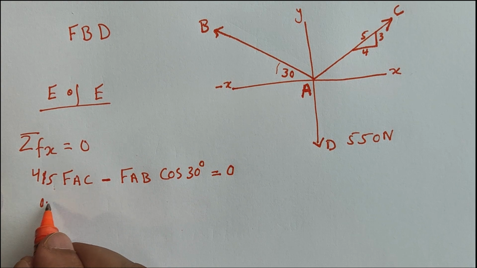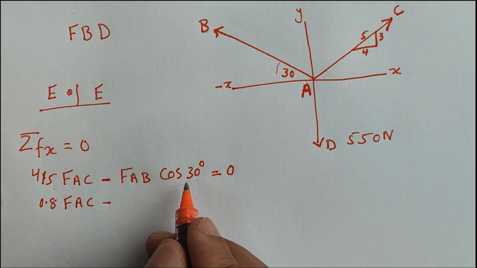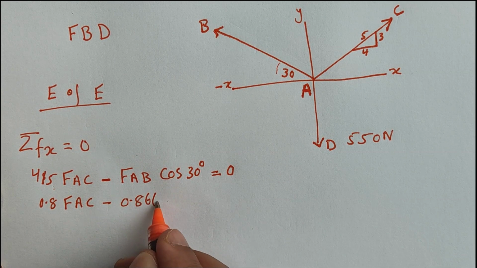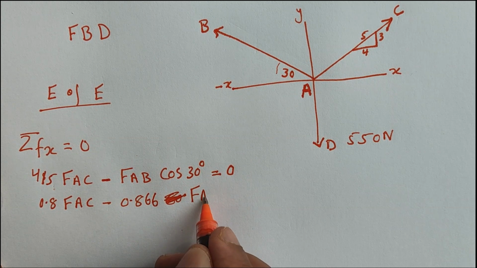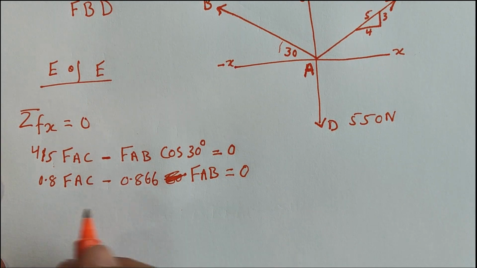4 over 5 is 0.8 FAC minus cos 30, which is 0.866, times FAB, that all should equal 0.